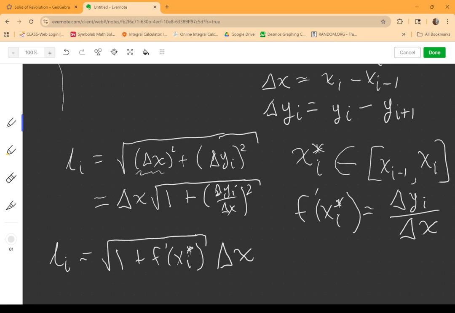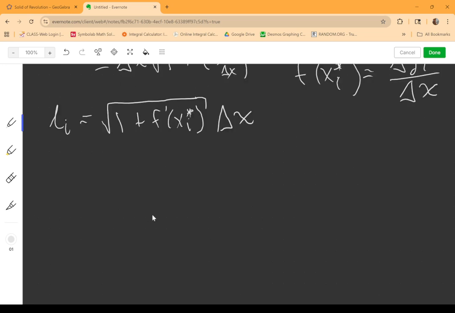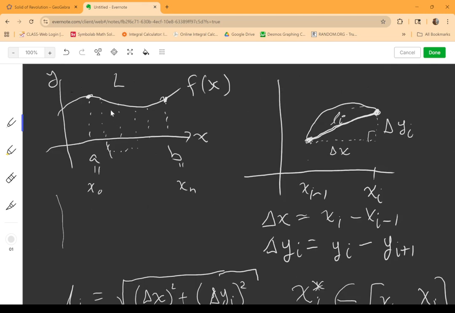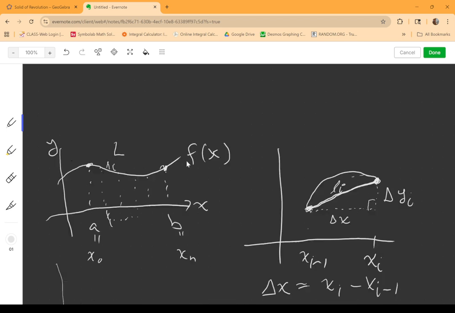Now, looking up here, this L sub i is just one of these in here. Now, how do I find the actual value of L itself? Well, I can just set up a sum, in this case a Riemann sum.